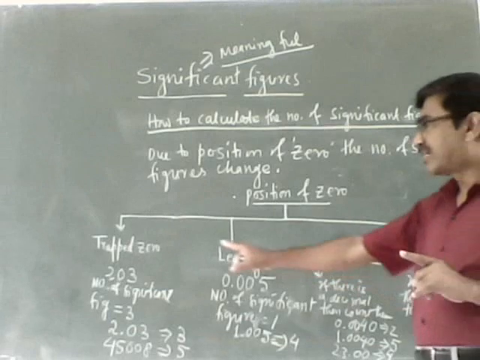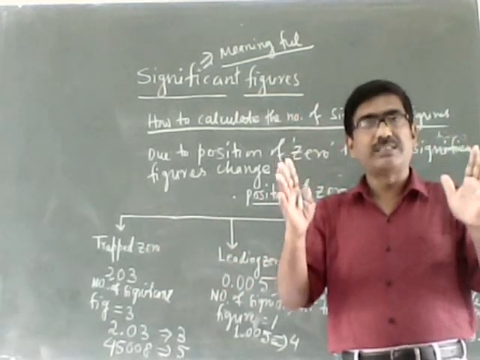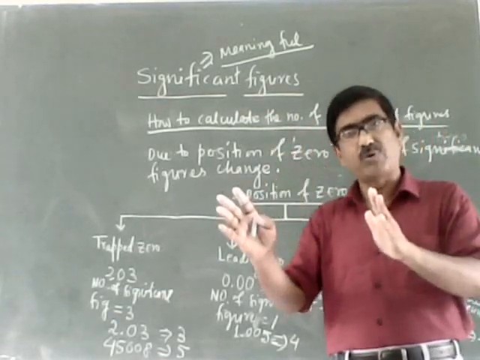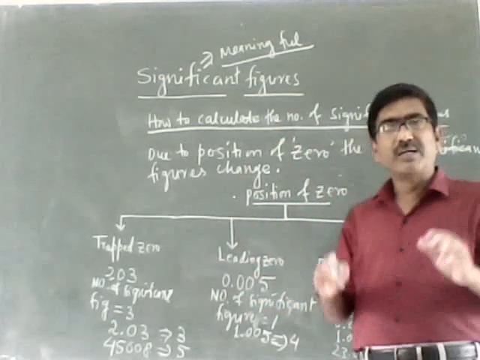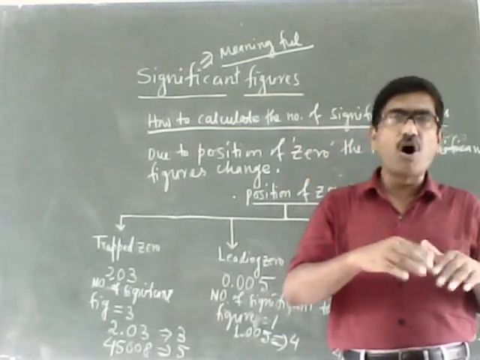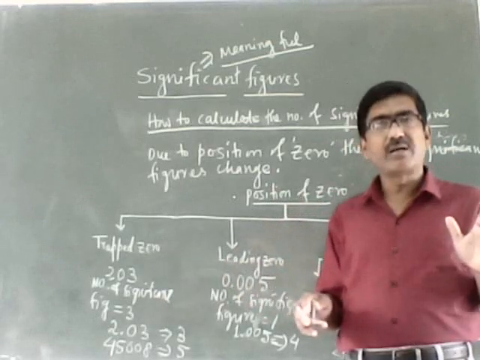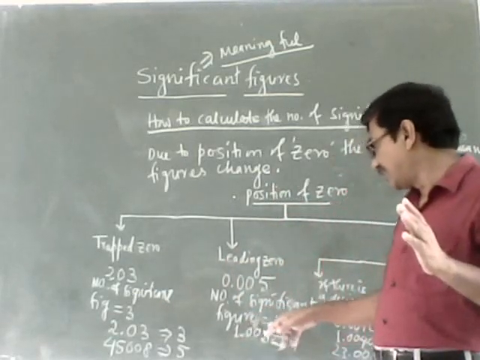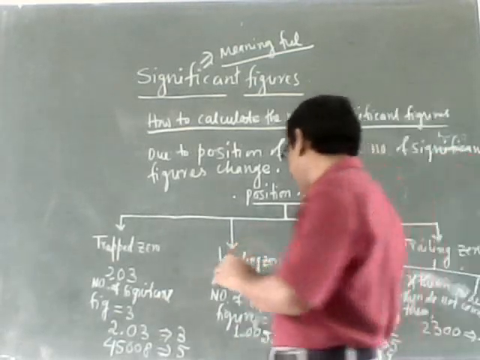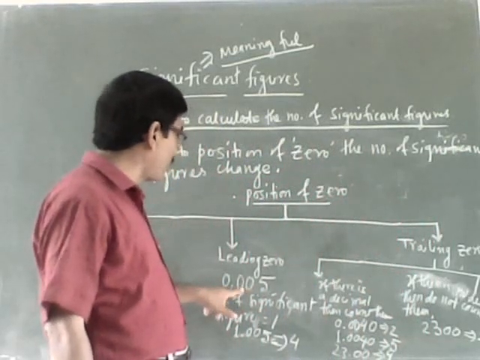Trapped zero means when zeros are in between two non-zero digits, then those zeros are called trapped zeros, and all trapped zeros are significant. The leading zeros means if a number starts from 0 with decimal or without decimal, then the leading zeros are not significant.